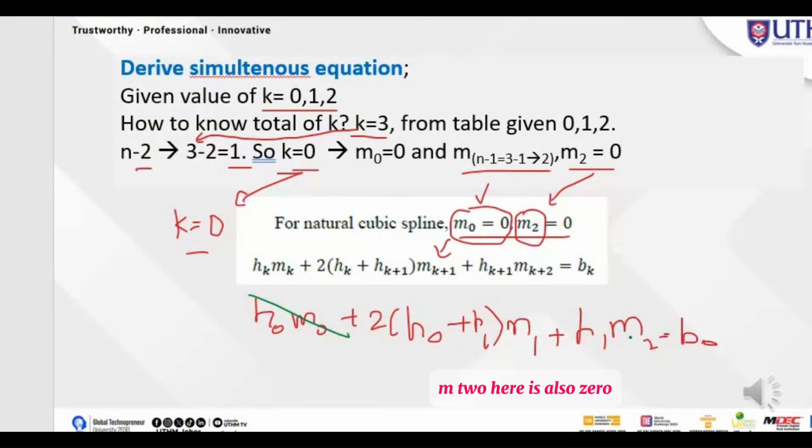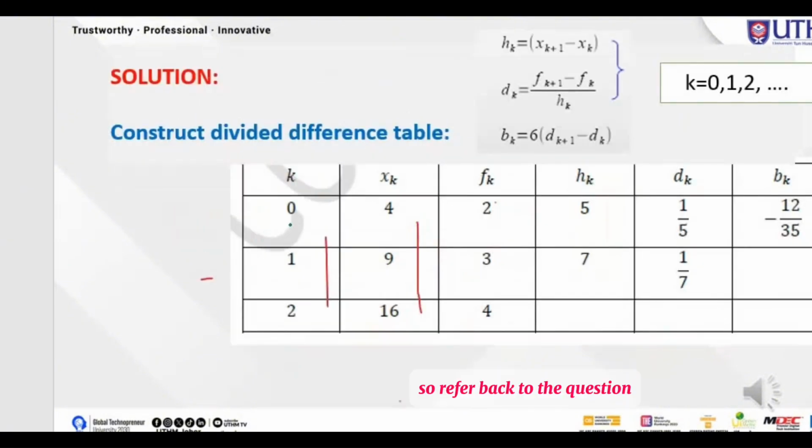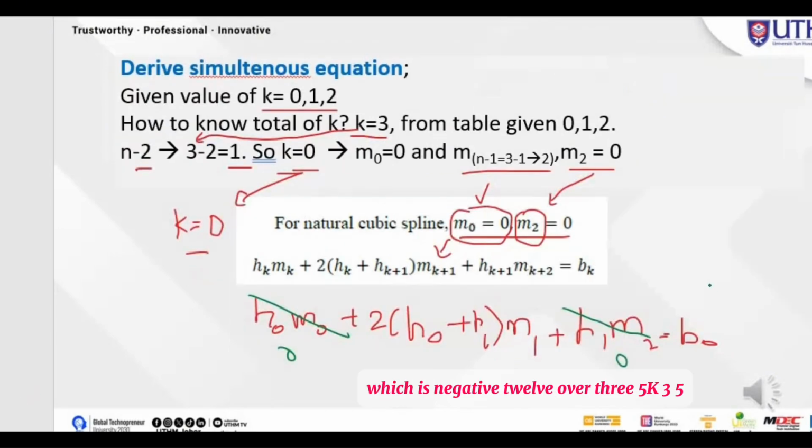M2 here is also 0, so that's why we can cancel it. Okay, B0 is referring from K0. So refer back to the question. This is your value for B0, which is negative 12 over 35.